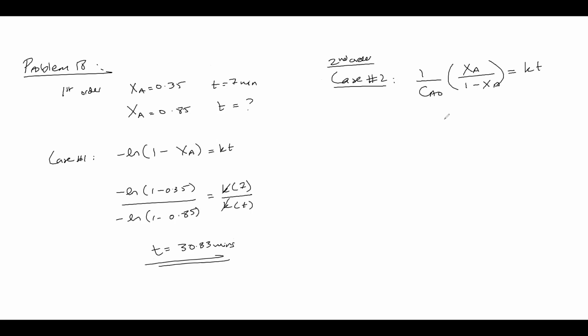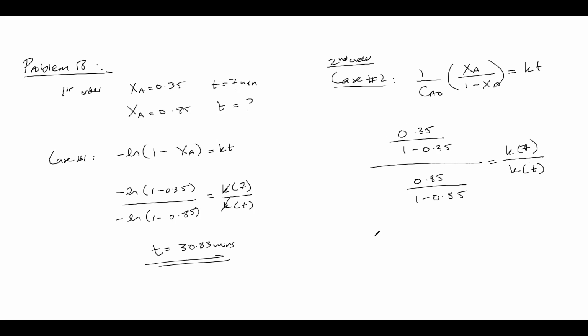Arguably, this might be a simpler form. But anyways, I'm going to divide the two expressions. So I'm going to get 0.35 divided by 1 minus 0.35 divided by 0.85 over 1 minus 0.85 is equal to K into 7 over K into T, which is what I'm trying to solve for.